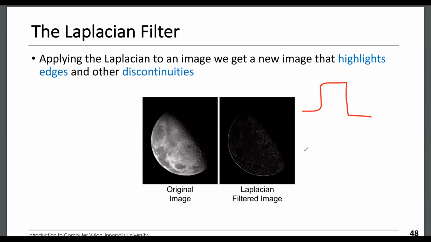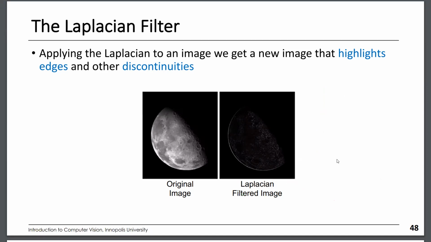And then this first derivative would look something like a peak, and then it goes down. And then the second derivative would look something like this, right? So this is what we are looking at using the Laplacian filtered image here.